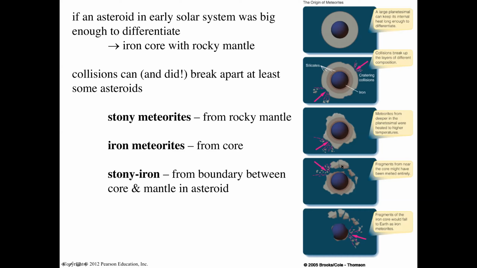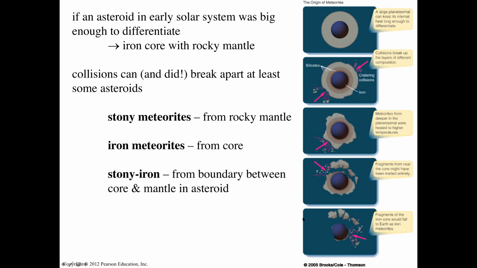So these spots here that you can see are from these rocky mantles. In contrast, iron meteorites are from the core that is made of iron. Okay, so if these little asteroids collide with the core, you will end up with pieces of iron in a meteorite.